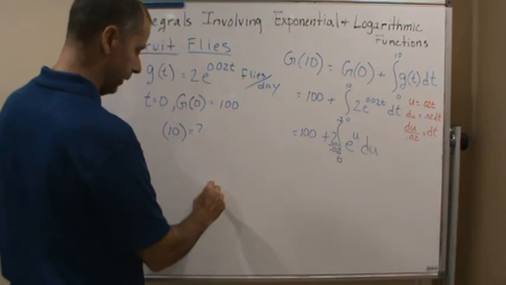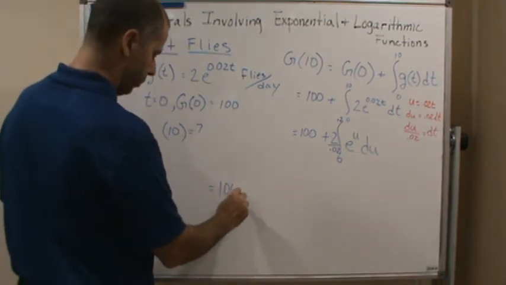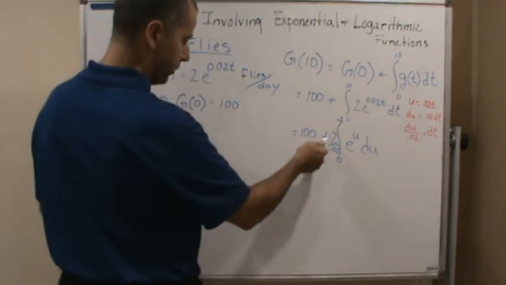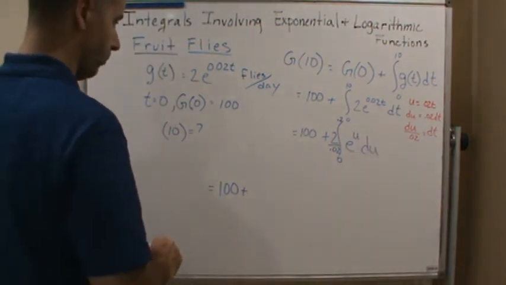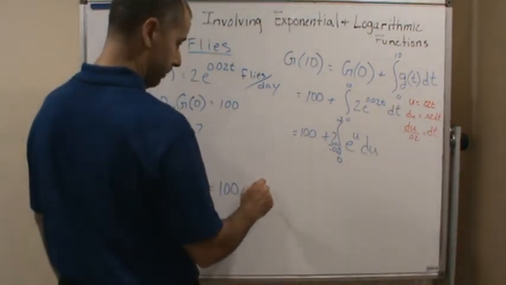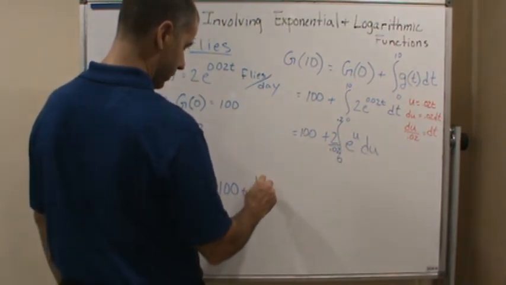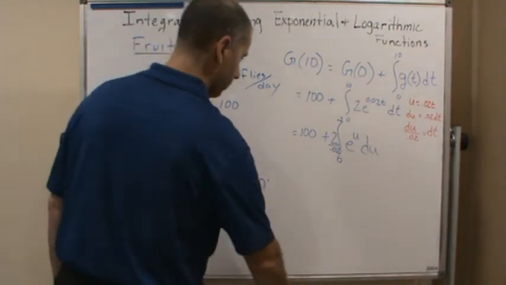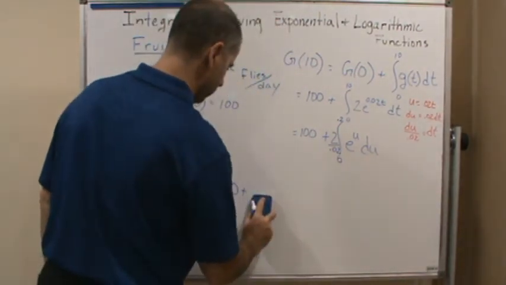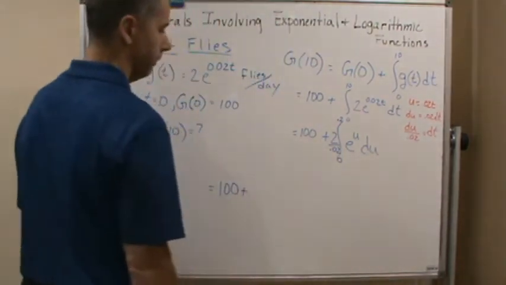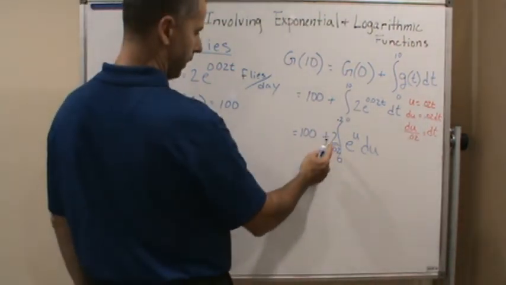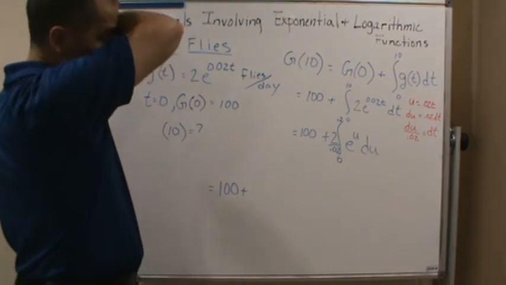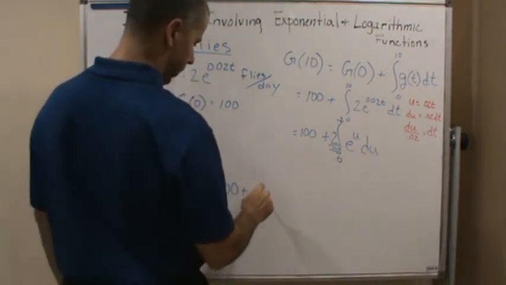So let me go over here. I'm going to get 100 plus, now 2 divided by 0.02 is 100.